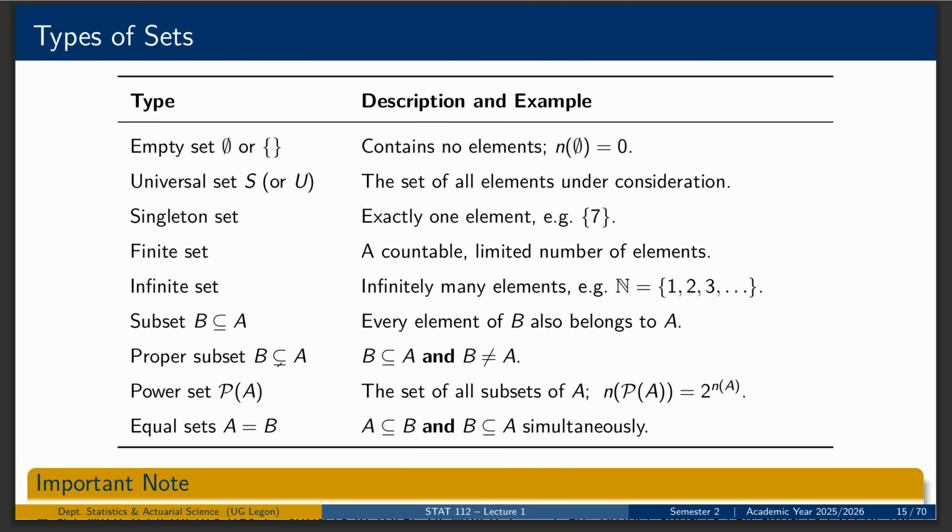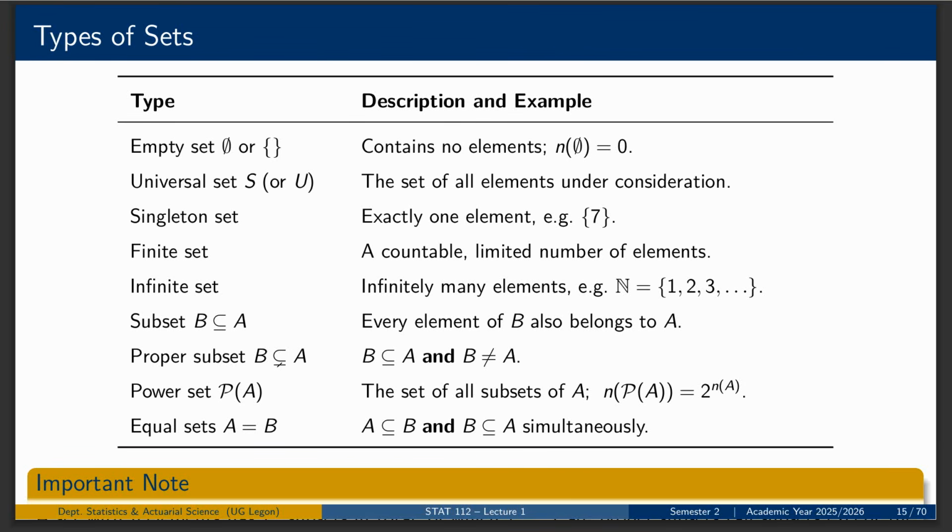So, types of sets. We have the empty set, as I illustrated earlier, which we denote with the phi symbol, or an empty set. Such sets do not contain any element. Then you have the universal set S or U, the set of all elements under consideration.